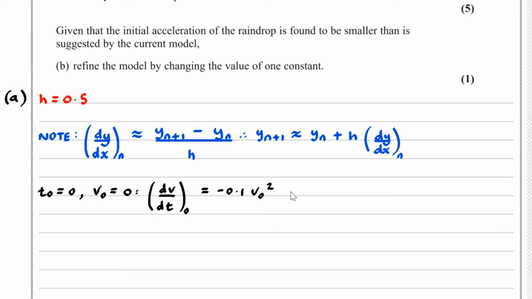So we've got minus 0.1 multiplied by 0 squared plus 10, which is equal to 10.